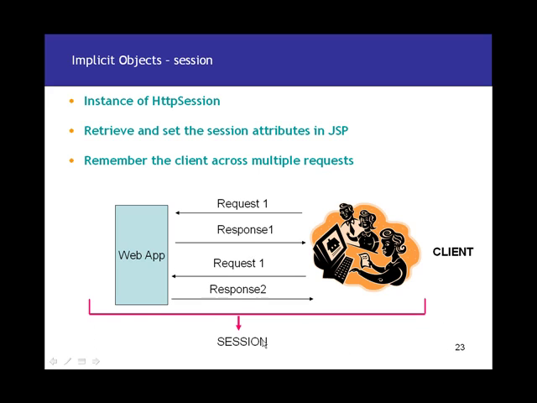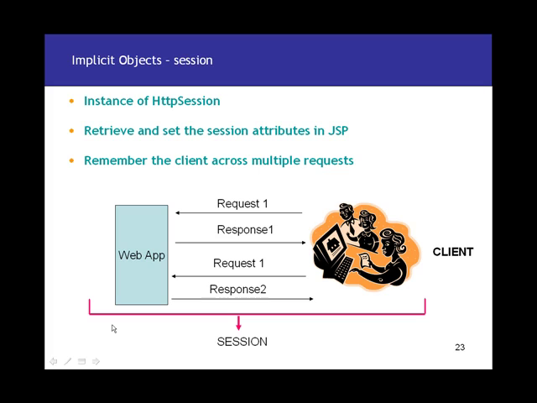when you are using session tracking in your application, you will have the ability to track the request, and to determine whether a particular request is coming from the same client or a different client, right? We've talked about this in the servlet session.